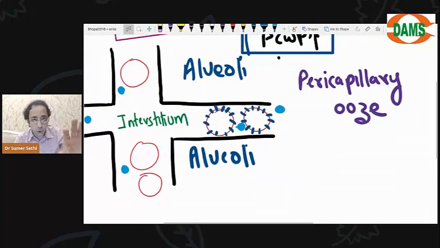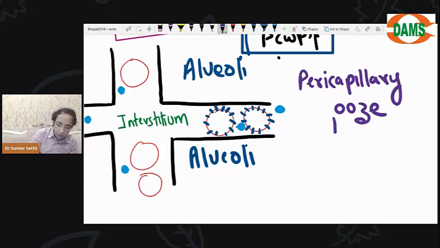It is very difficult. I want you to focus, otherwise you will get it wrong. Listen to me. If between the capillary and the alveoli you have a fluid layer because of pericapillary ooze, what will happen?